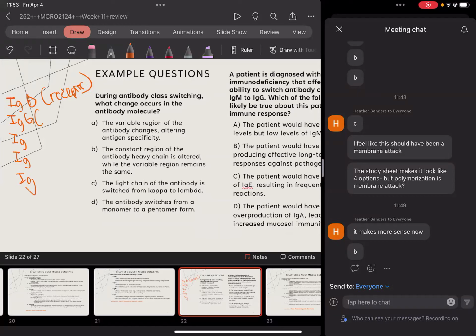IgG, which is in our blood. It's our workhorse, our big daddy. We have IgA, which is in the mucus. We have IgM, which is the first one. And we have IgE, which is for parasites and allergies.